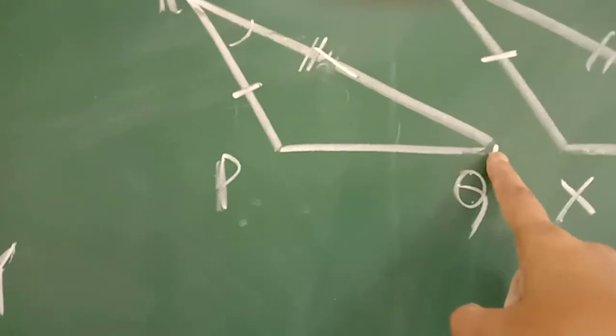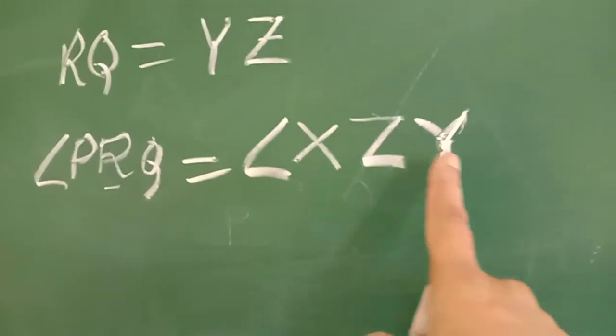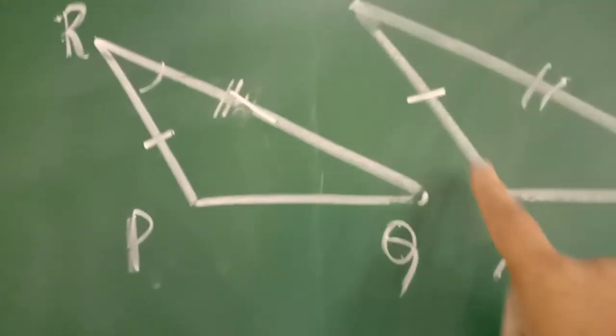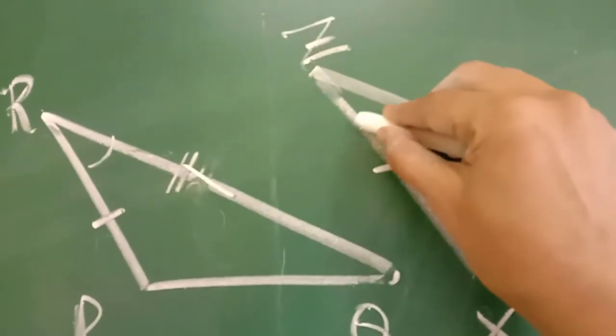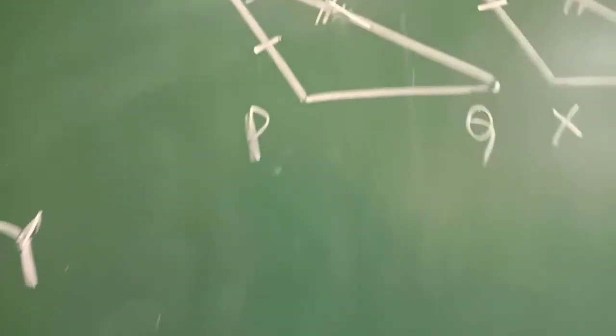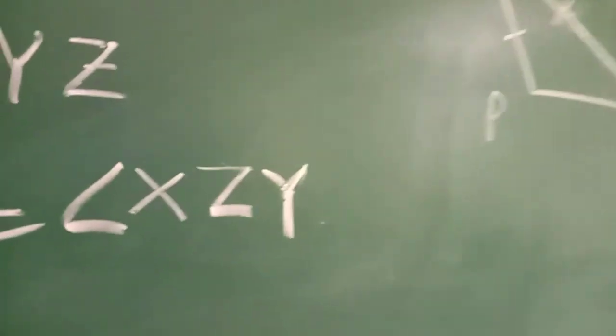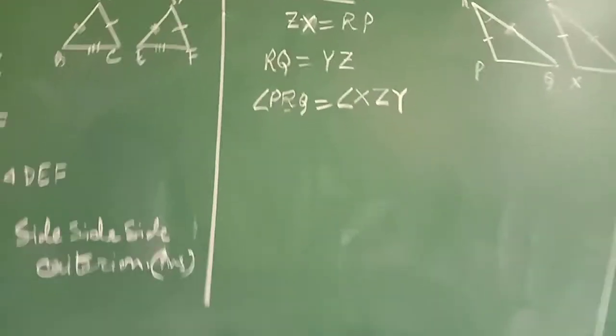PRQ is equal to XZY. These two angles are correspondingly equal. Now see the picture properly.